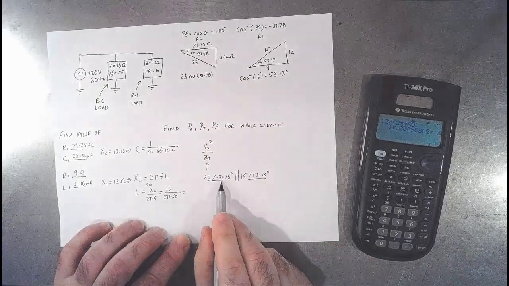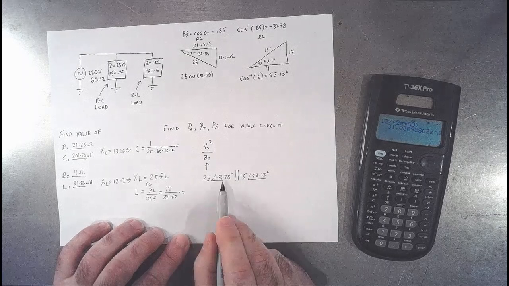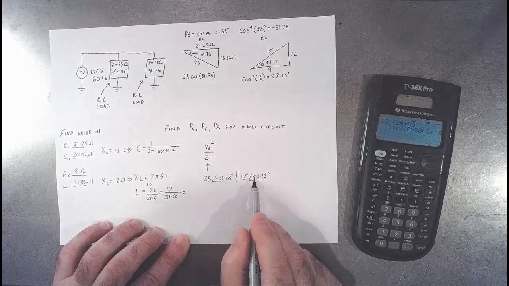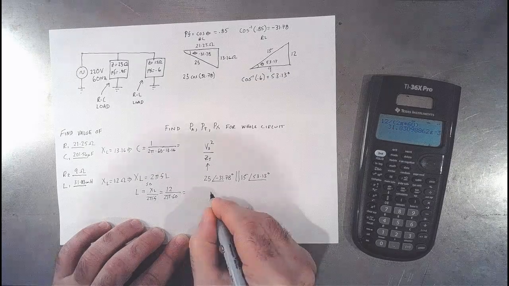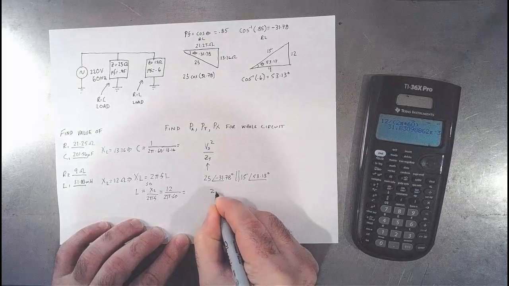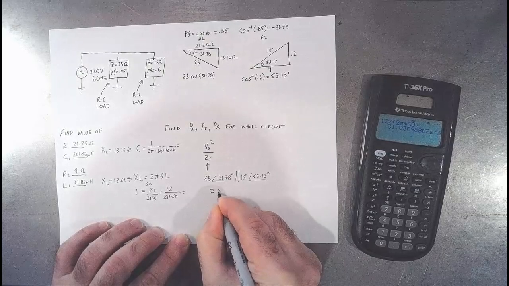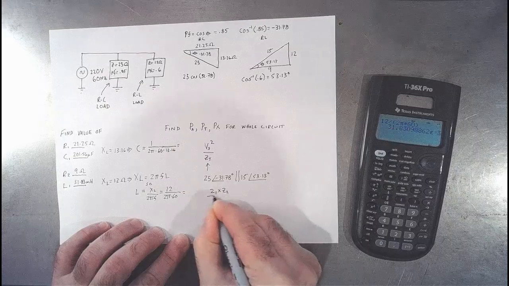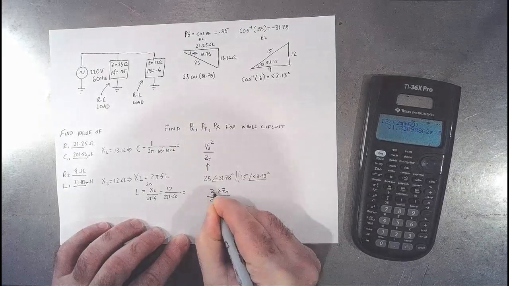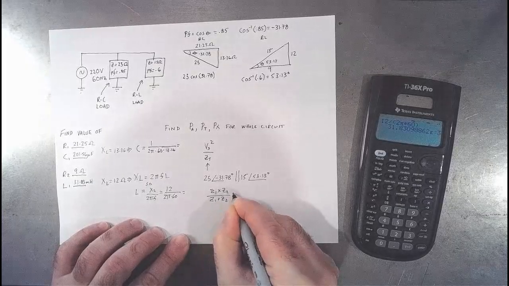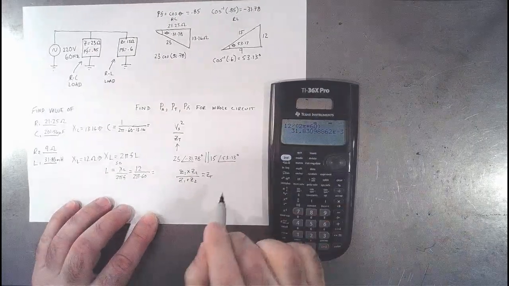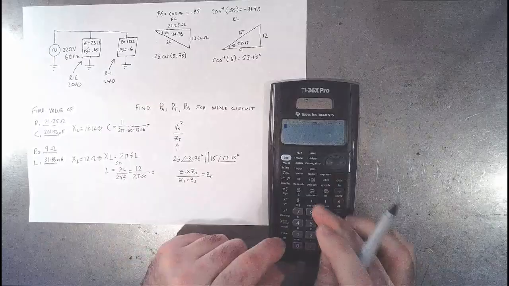So I'm going to have to do product over sum here. So I'm going to have to say this times this divided by this plus this. So I'll write that here like this. Z1 times Z2 divided by Z1 plus Z2 equals ZT. And the rest of it I'm going to do on the calculator. So let me do it.